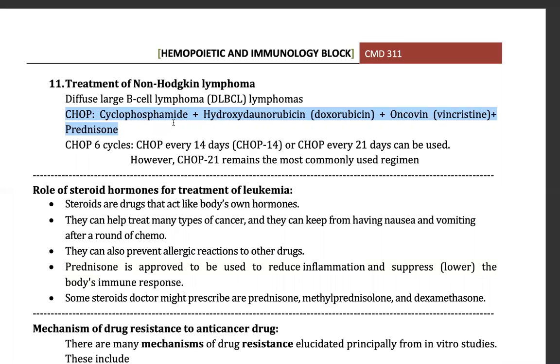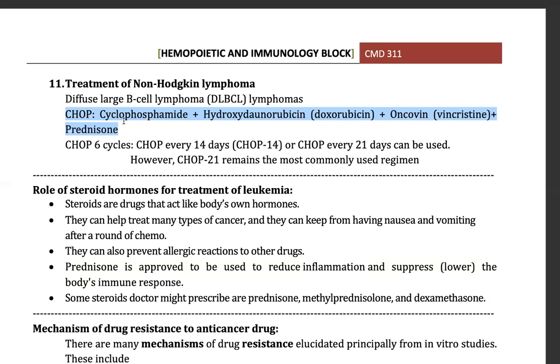If you are not able to remember all the drug names in the exam, just make it short. I made it short for you, because I know that it is very difficult at your stage to remember the long form of the drugs.